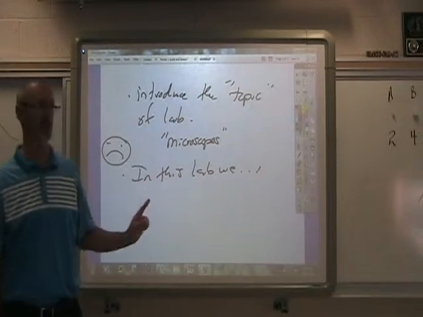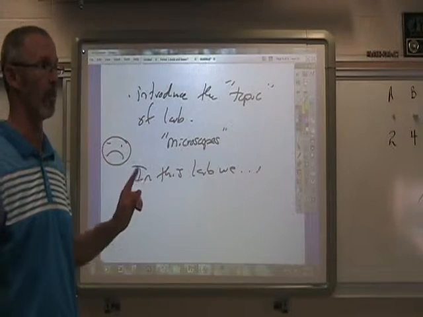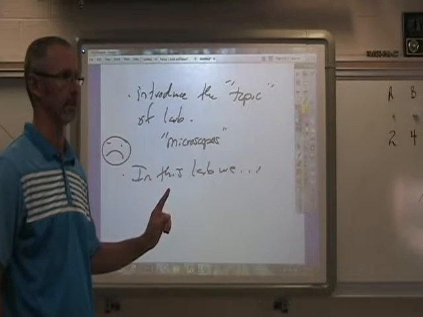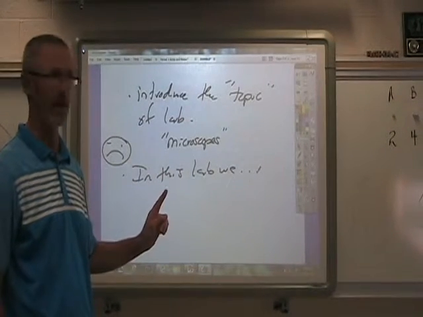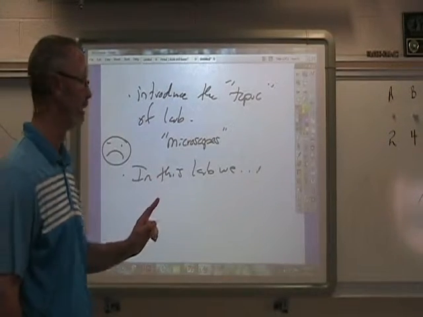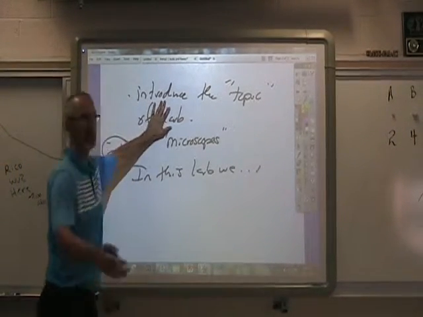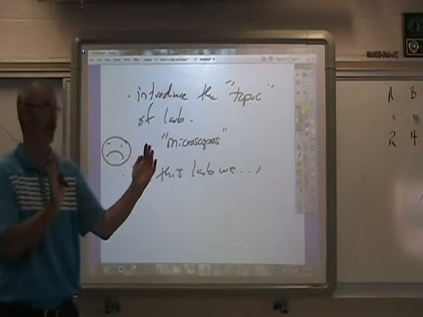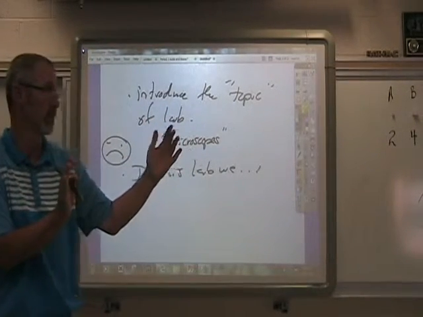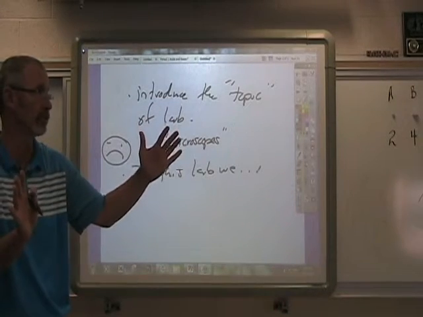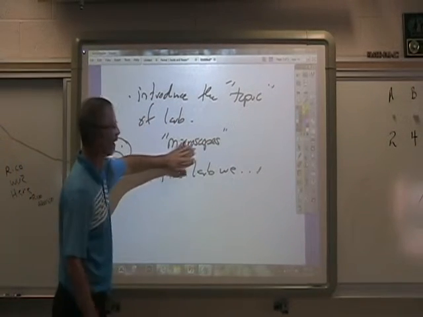If you start a sentence with that in the introduction, what are you about to do? Talk about what you did, and that is not what you do. I'm looking for 2 to 3 paragraphs in the introduction. Maybe one really nice, succinct, well-written paragraph would do. So I'll say 1 to 2, 3 at the most. And you're going to introduce microscopes.